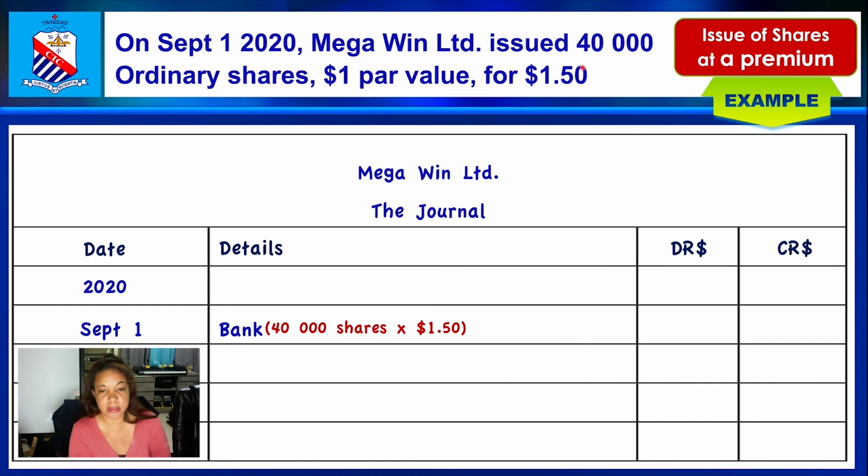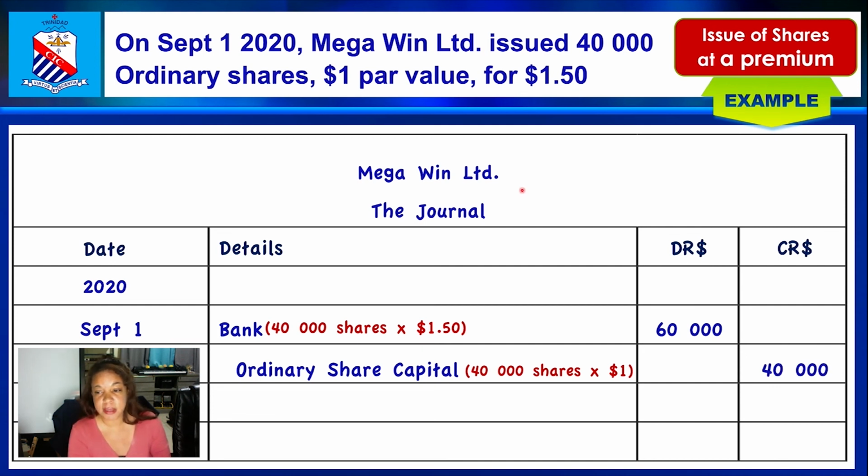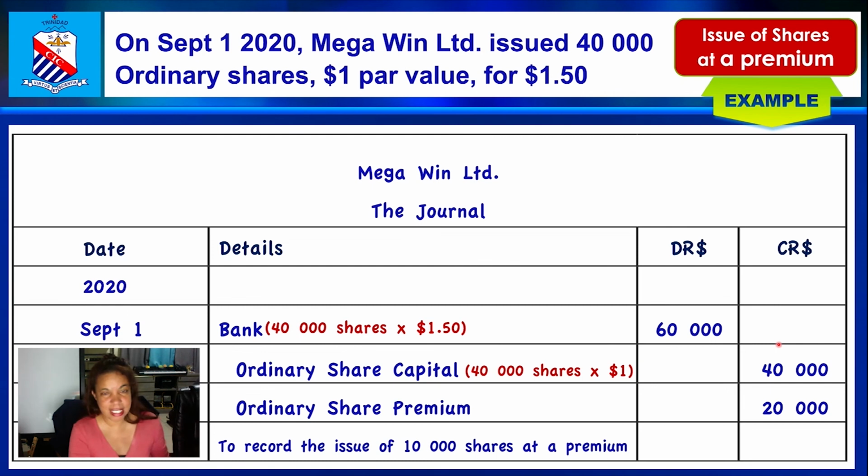So 40,000 multiplied by $1.50, which gives you $60,000. And then you have share capital, ordinary share capital. Your working 40,000 by par value this time. So that's 40,000. These amounts differ. So you go to the share premium, ordinary share premium, and 60,000 minus the 40,000 would be $20,000. Nice, easy.